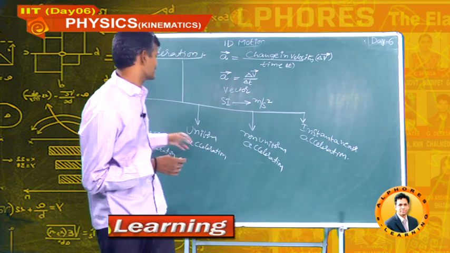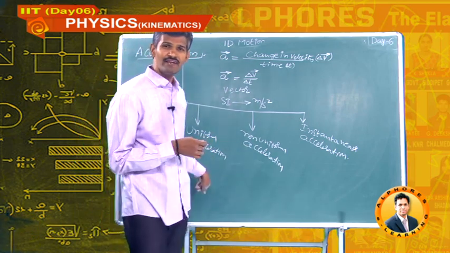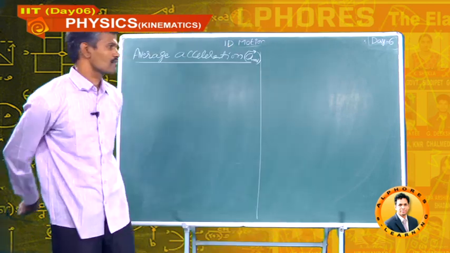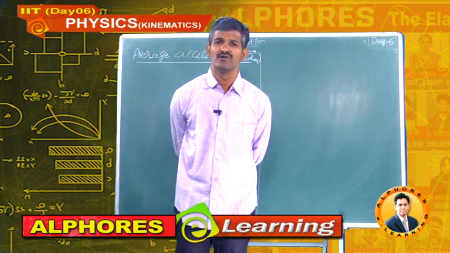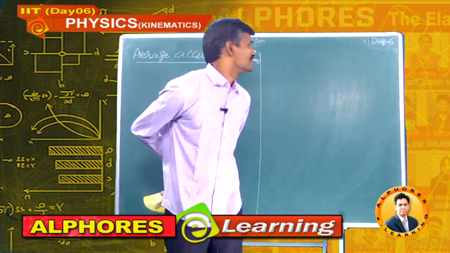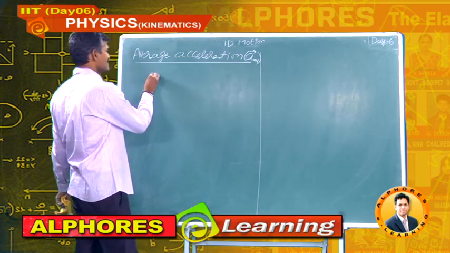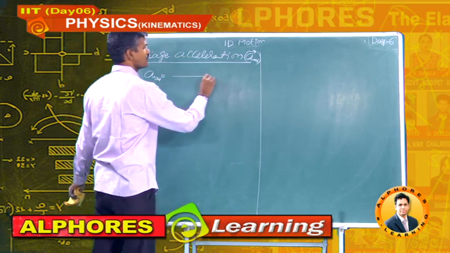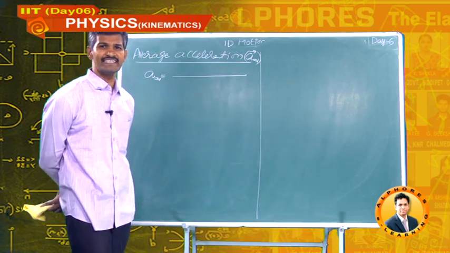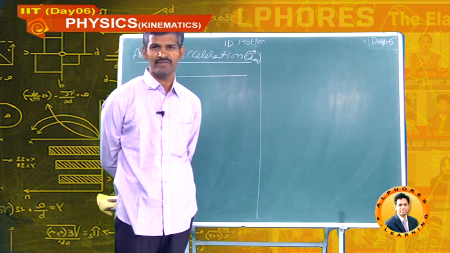Our first definition is average acceleration. What is average acceleration? Average acceleration is defined as the ratio between total change in velocity to total time taken.